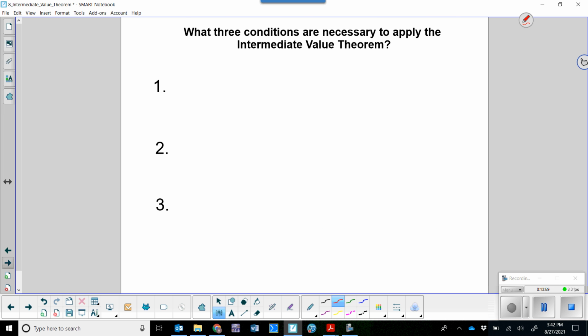Okay, so what 3 things are necessary to apply the theorem? So first thing you have to show is that f is continuous on a to b.